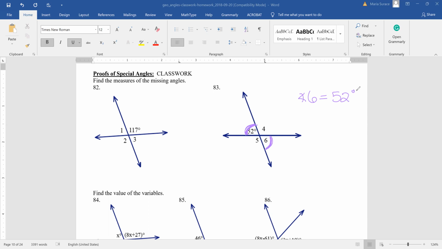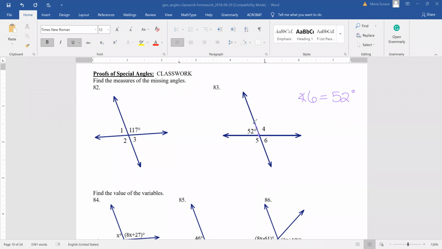Now that we used vertical angles to help us find angle 6, I now need to find angle 4 and 5. I'm going to find angle 4 and 5 by first figuring out what 4 is. 4 is easily discoverable because I know what 6 is now. 6 is 52 degrees. But take a look at the special relationship between the adjacent angles 4 and 6. They're not just adjacent.